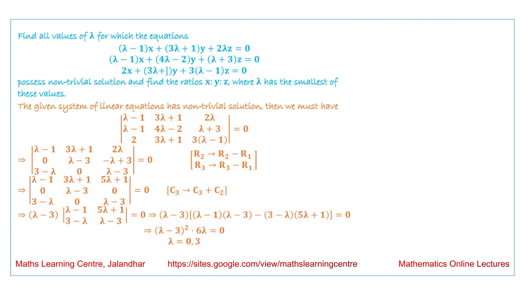Now the next question we have is: find all values of lambda for which the equations given to us possess non-trivial solution, and find the ratios x, y, z, where lambda is the smallest of these values.